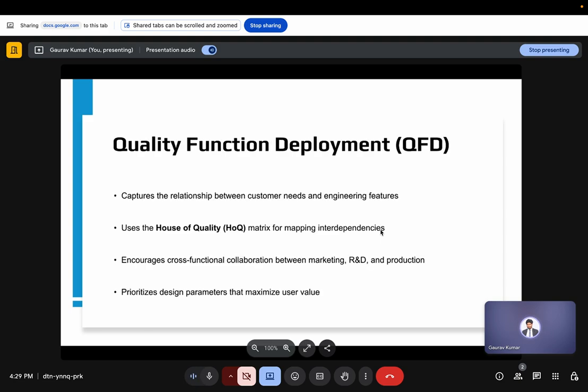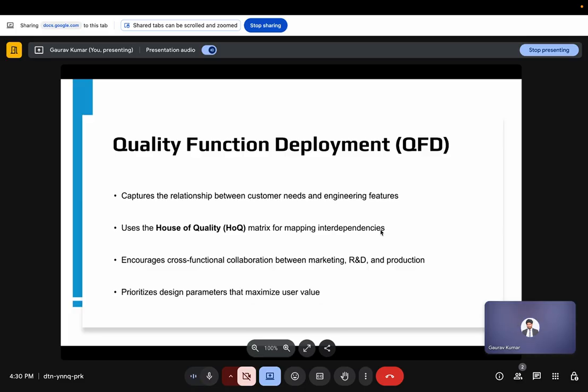Next is QFD, that is quality function deployment. Quality function deployment is basically the house of quality, which maps what customers value to how engineers will deliver it. Relationship strengths and directionality surface where effort pays off. Cross-functional participation ensures marketing, design and production agree on priorities and constraints.